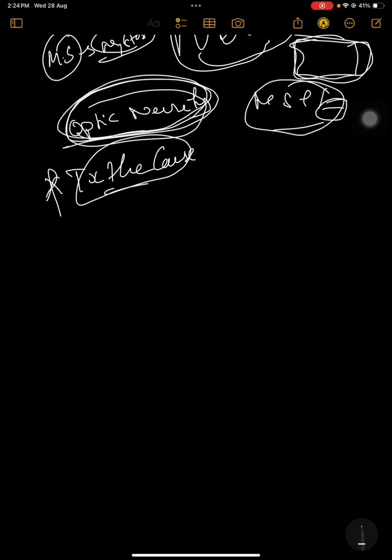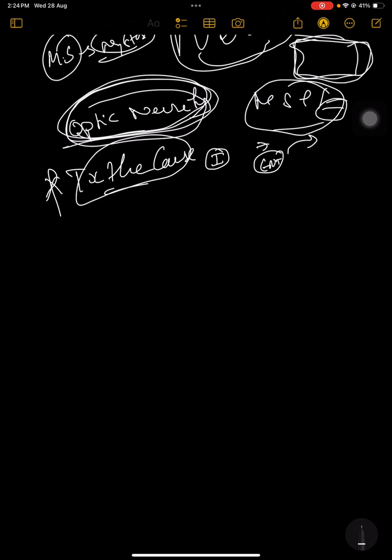Treat the cause. Number one, in any of the cases, papilledema, treat the cause. Disc edema, treat the cause. Papillitis, treat the cause. If it's an infection, give antibiotics against the infection. If the infection has come from sinusitis, refer to ENT. They will manage it, and this one will be okay.